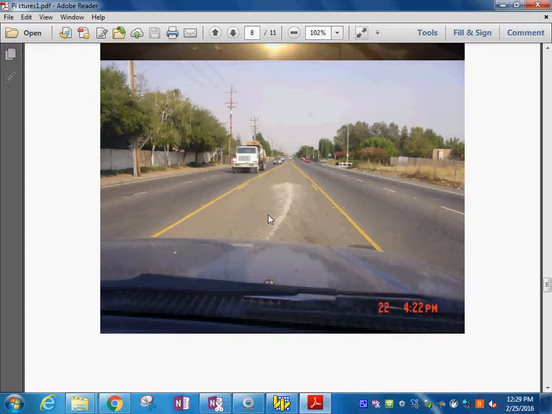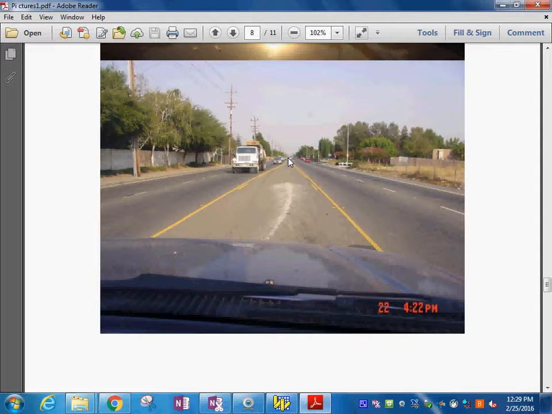You see this so-called suicide lane is not the same width here as it is back here. In fact, it starts narrow at the back and gets wider as you go in.